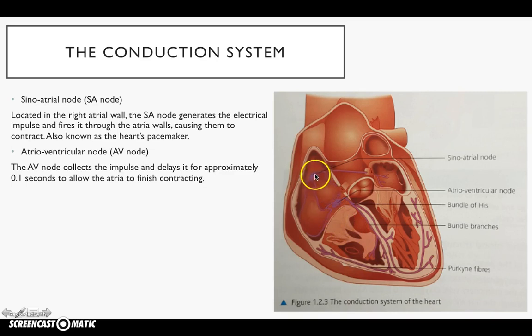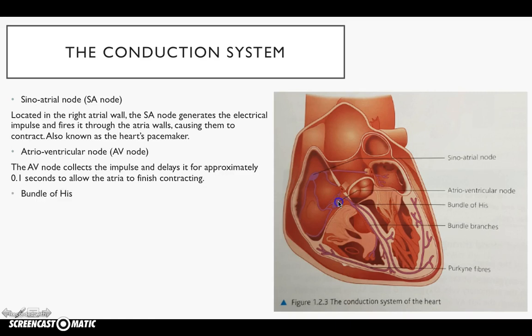All of a sudden, an electrical impulse initiates here, the SA node, which causes the atrial walls to contract. Once it contracts, it forces blood into the ventricle. That message then gets sent to the AV node. The reason the AV node delays this actual message is so this atrium here can finish contracting and all the blood is now in the ventricle and the atrium is now empty because the AV node has delayed the impulse.